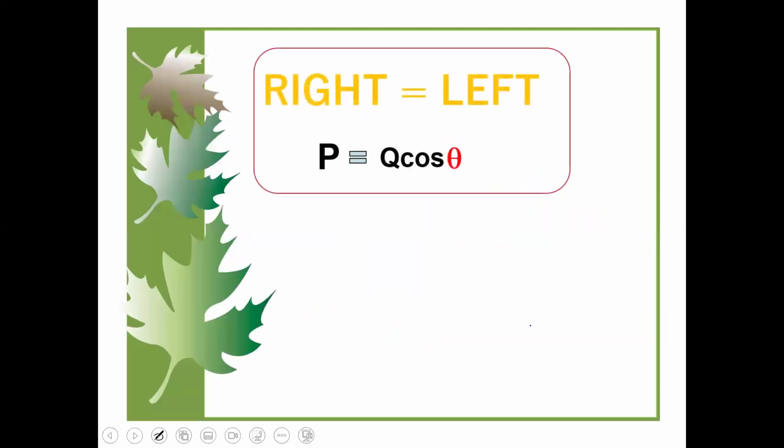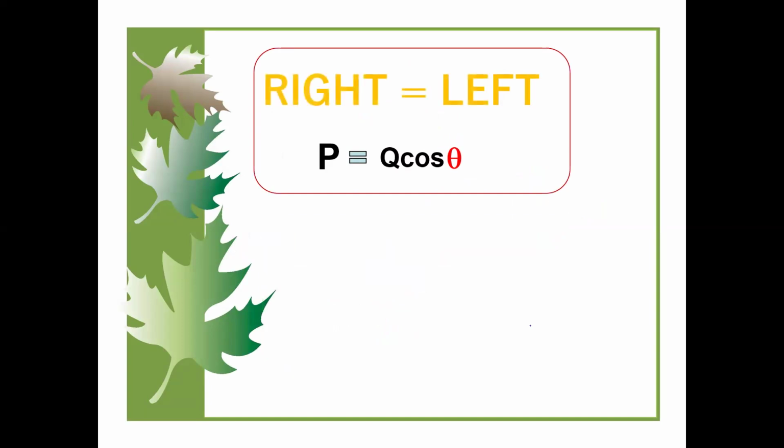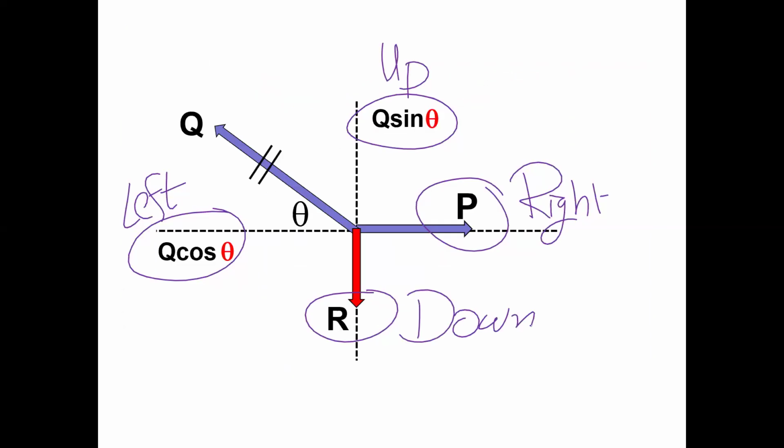Right is equal to left, up is equal to down. So P is equal to Q cos theta, and up is equal to down, so Q sine theta is equal to R. After you resolve, right is equal to left and up is equal to down.